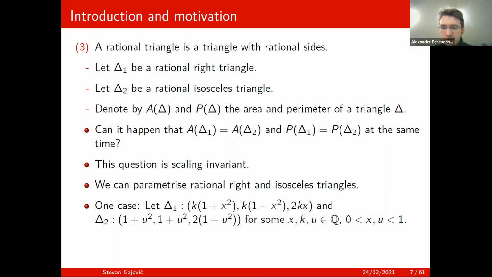For an isosceles triangle, you assume that its height is rational. Yes, thank you for that question. We don't assume it from the beginning, but if we consider two triangles with the same area, the area of a rational right triangle is a rational number, and then the area of the other triangle is again a rational number.